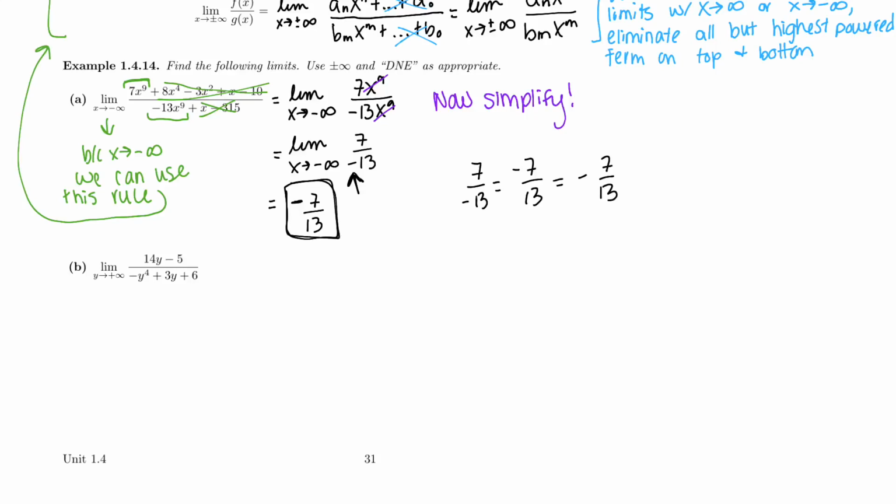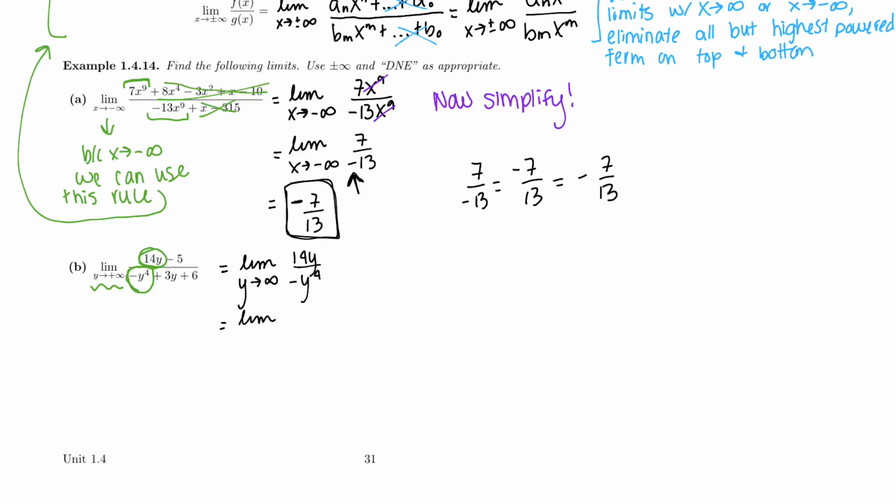Looking at this next one, same idea. We are going to positive infinity. So the highest powered term on the top is the 14y. On the bottom, the highest powered term is negative y to the fourth. So we have the limit as y approaches infinity of 14y over negative y to the fourth.